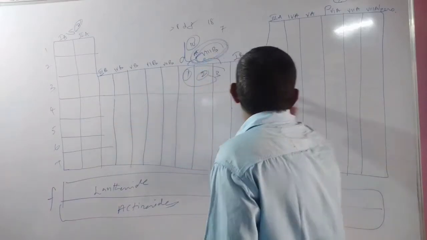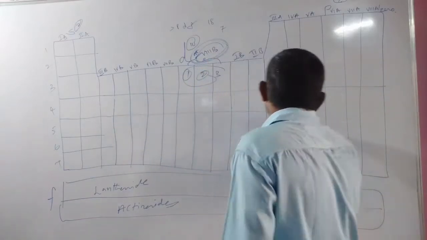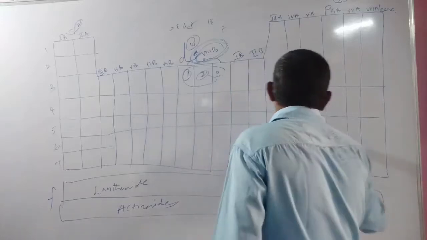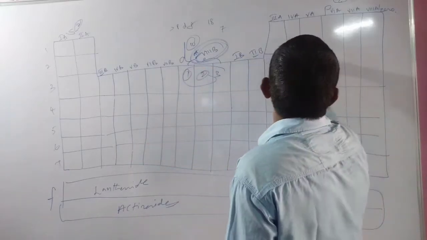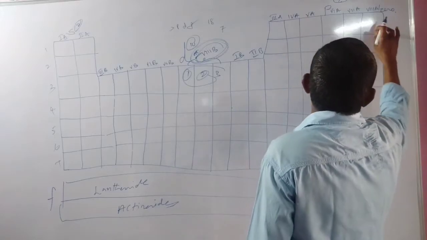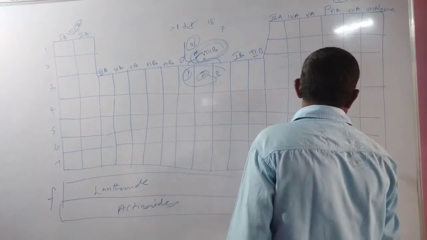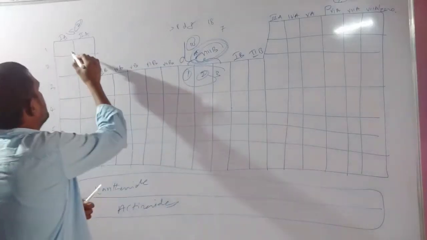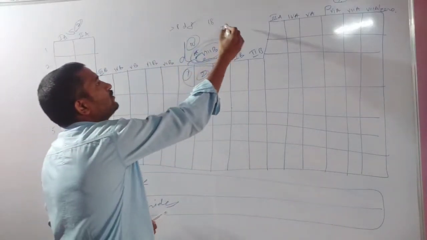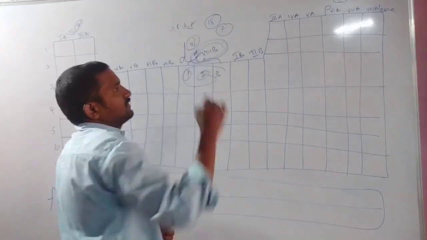We have to divide into 7 periods. In total we got 18 groups and 7 periods.